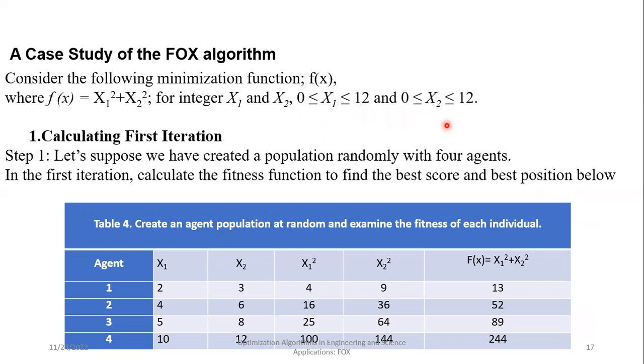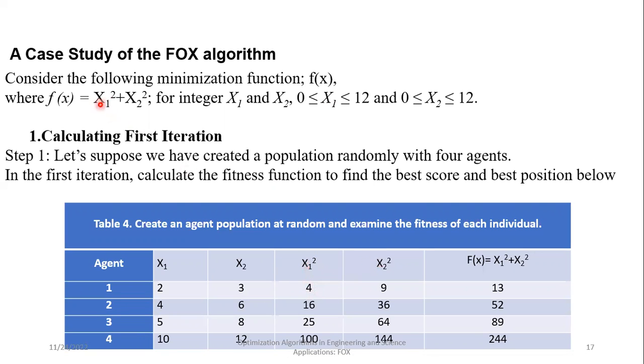That's for 2 dimensions that we have, x1, x2. You could have as many dimensions as you want, but this is only for learning. So randomly we have 4 fox agents, 1, 2, 3, 4. And these are the positions, x1, x2: 2, 3; 4, 6; 5, 8; and 10, 12.